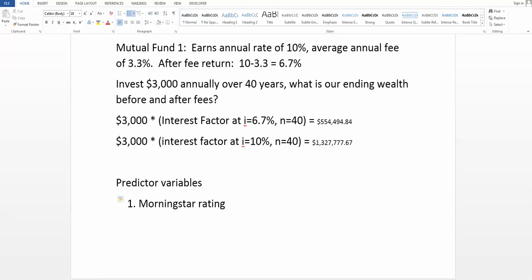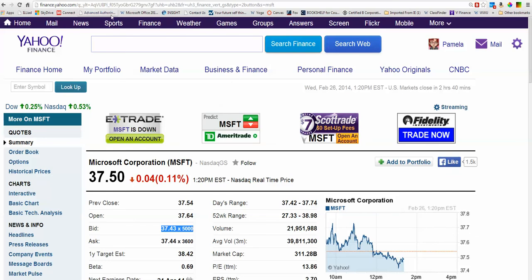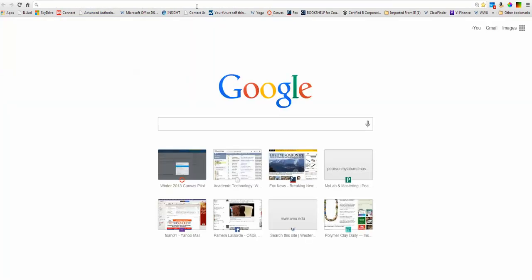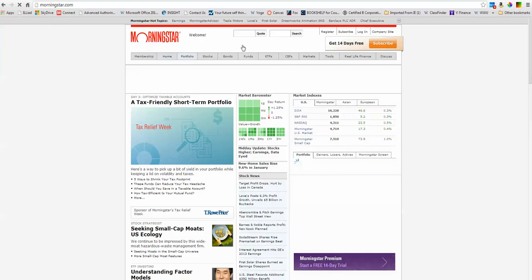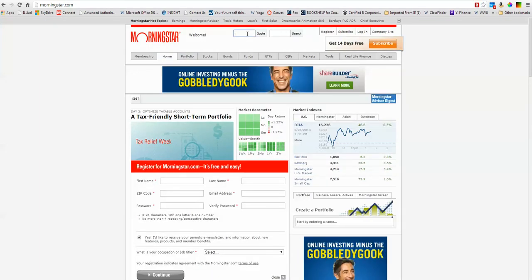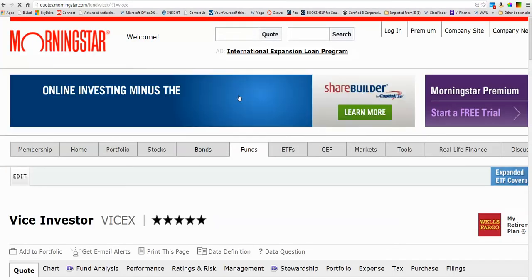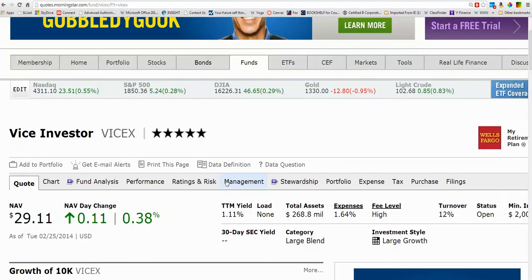I don't know if I ever actually showed you this, but if you pop over to Morningstar, and I thought I had it open, but I don't. And, oh gosh, we'll go with that VICEX fund just because it's the only ticker symbol I can remember for a fund. But Morningstar rates its funds.